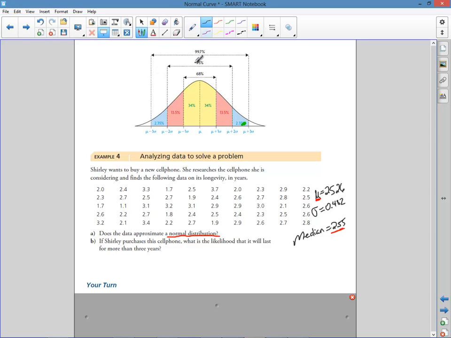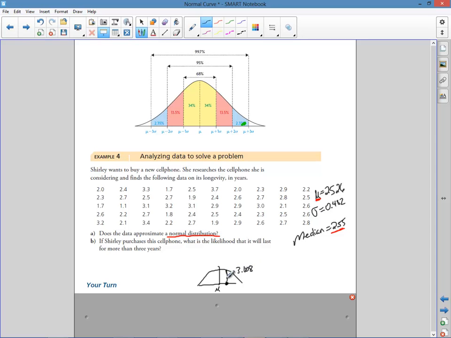Now the last question is asking if Shirley purchased this cell phone, what's the likelihood that it will last more than 3 years? Well, if you just look at a sketch of the graph of normal distribution, our mean will be here, and if we have 1 deviation above, or 0.48 above, we will be at 3.008 years.